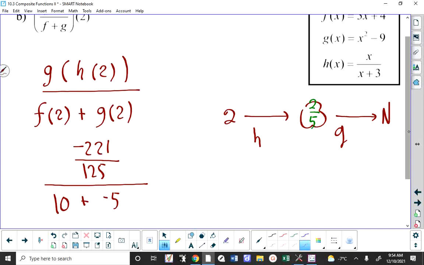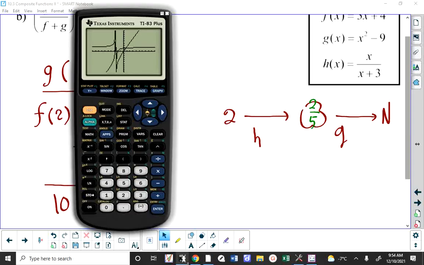Better check. So what I'm doing here is I'm taking the 2/5 and I'm putting it in for x. So I'm taking 2/5 squared minus 9. 2/5 is 0.4 squared minus 9. Oh, it's over 25. I wasn't even close. It's over 25.